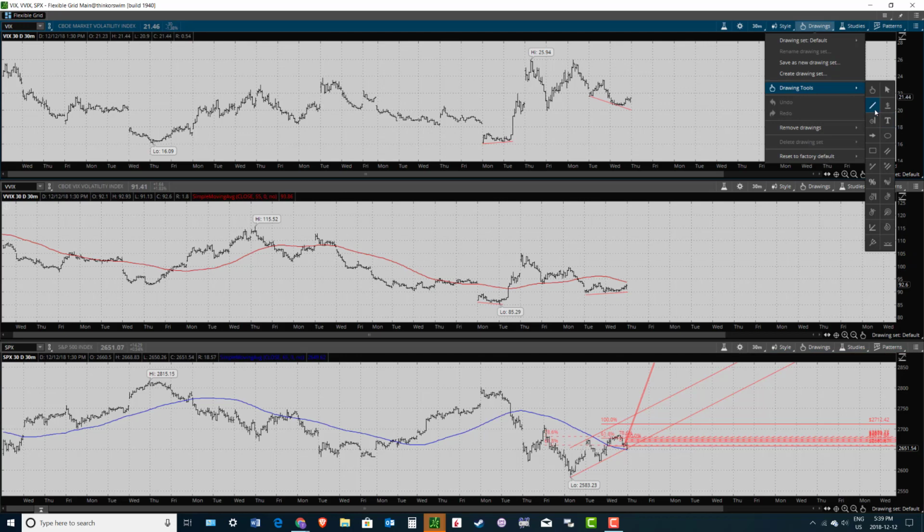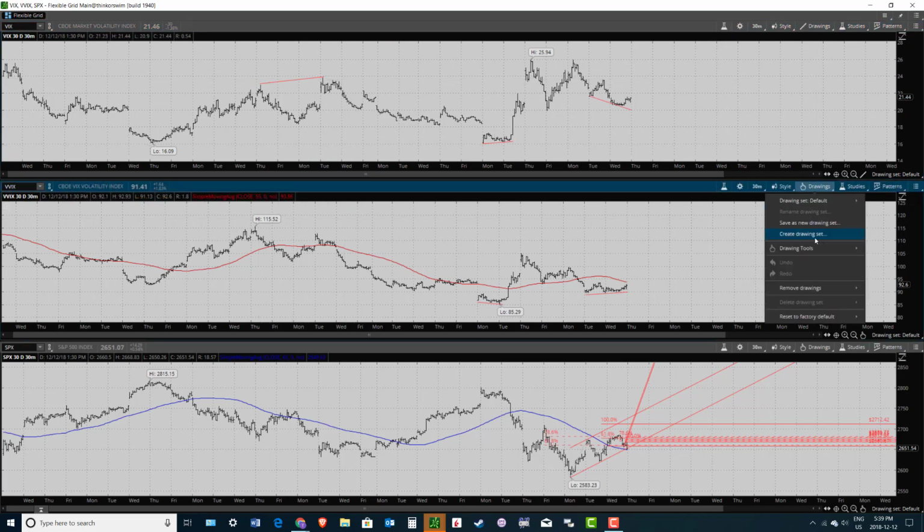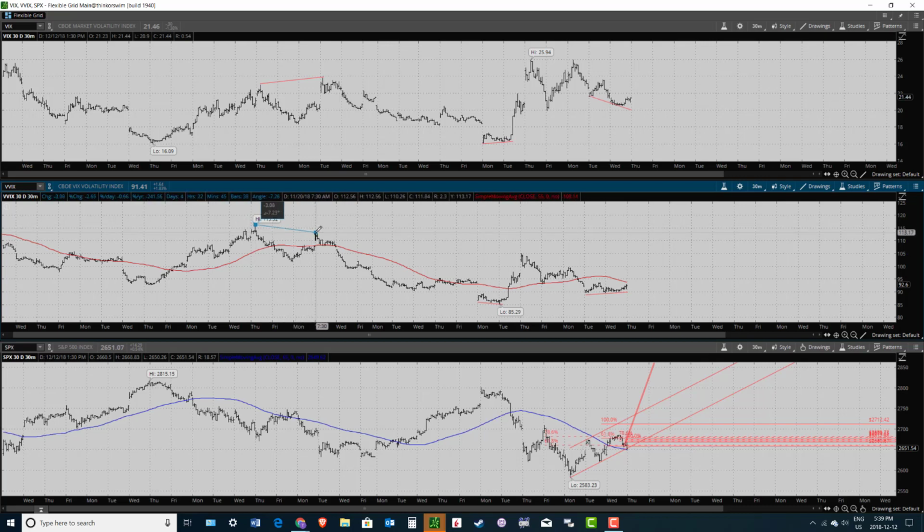All right, so over here we had a divergence. VIX made a higher high here, while VVIX made a lower high here. And at that time SPX was in a bit of a downtrend already. So we're looking for that downtrend to change.